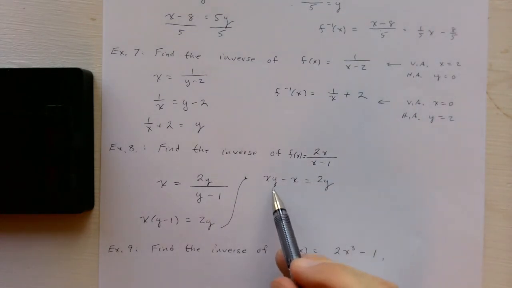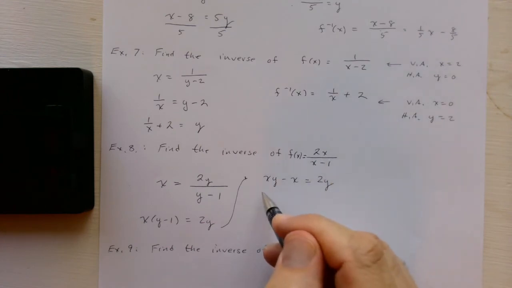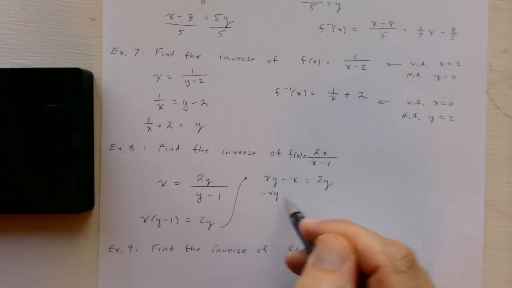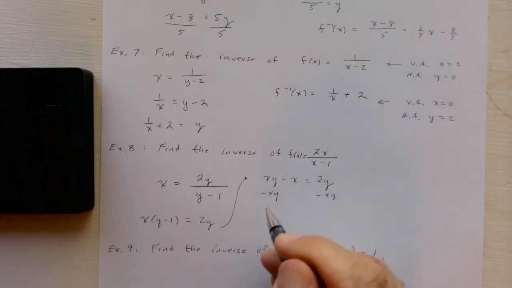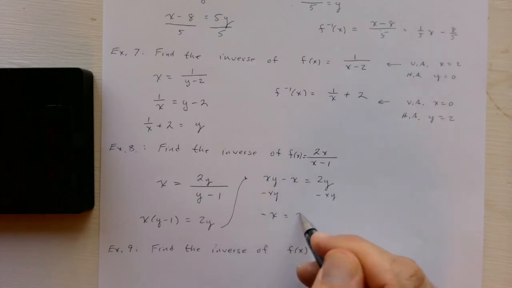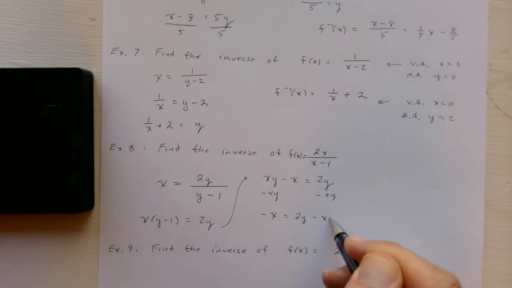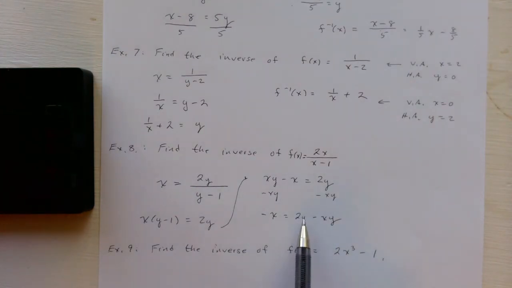And we'll subtract xy from both sides. So we get minus x is equal to 2y minus xy. Now, because we have all the y terms on one side, we can factor out a y.